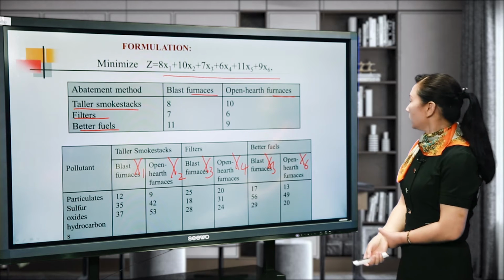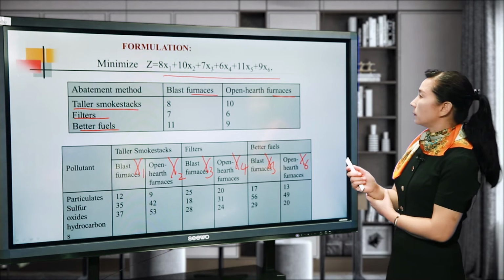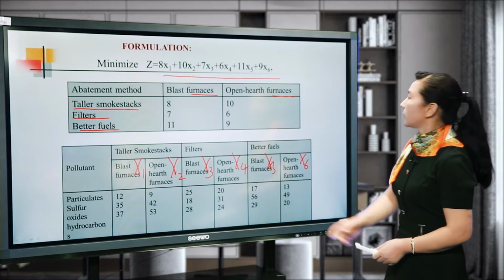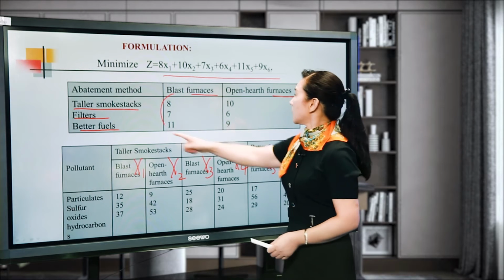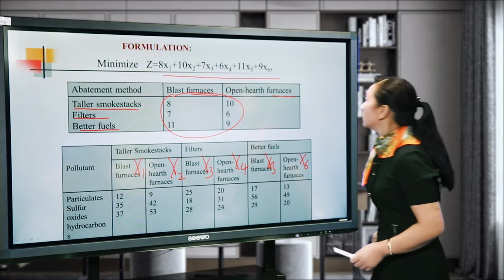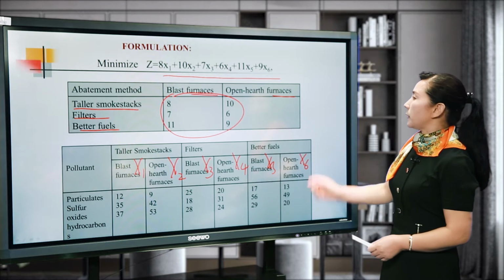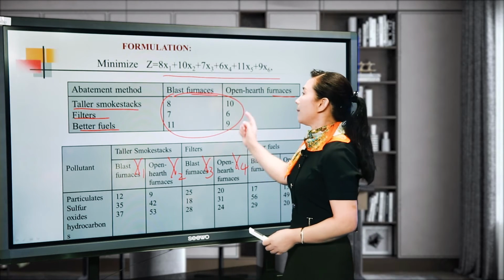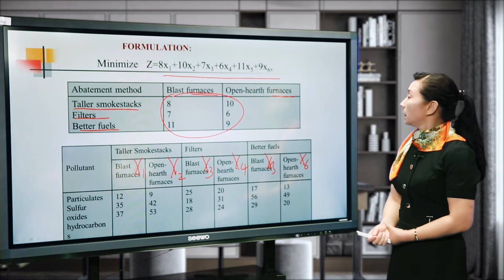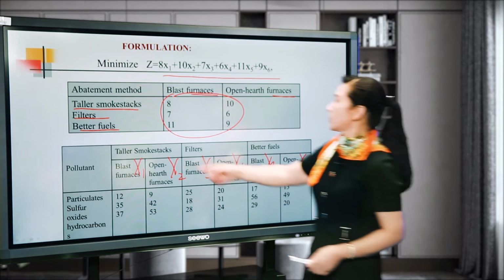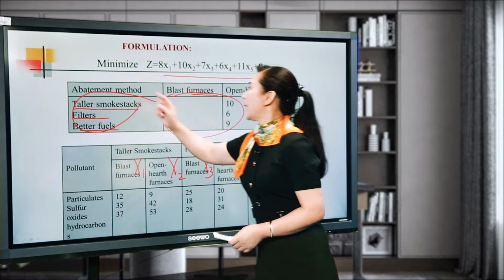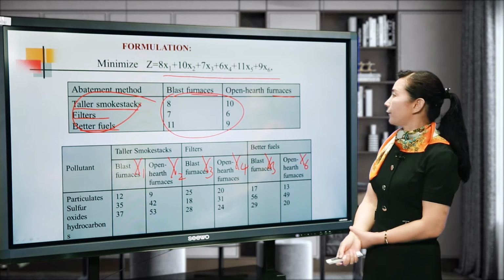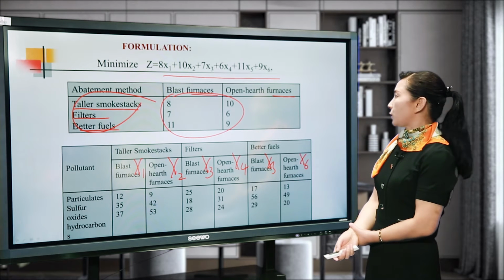And we know in this table, the numbers express the cost of using these 3 methods in these 2 furnaces each year.